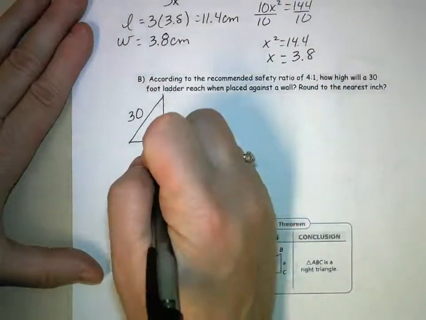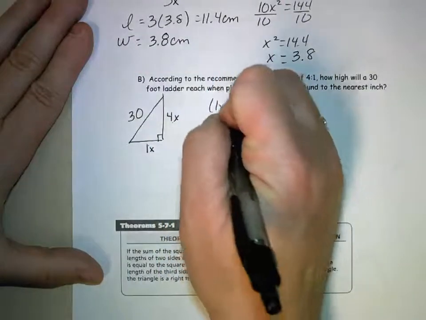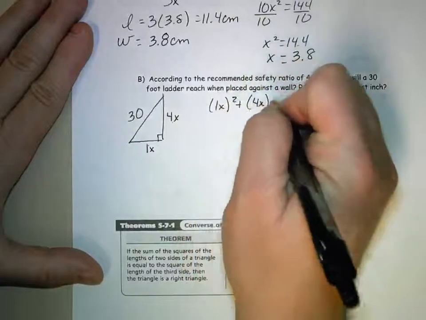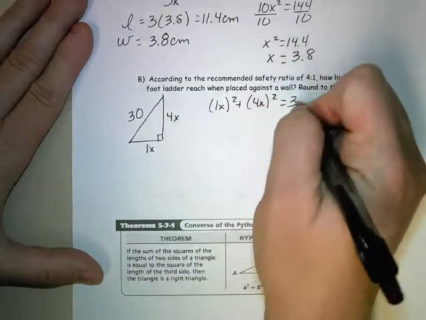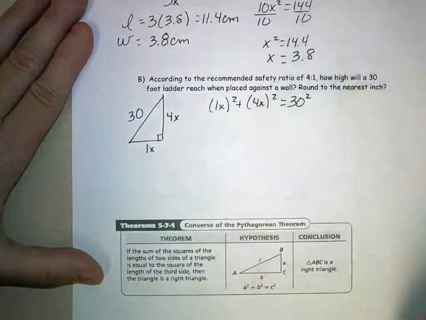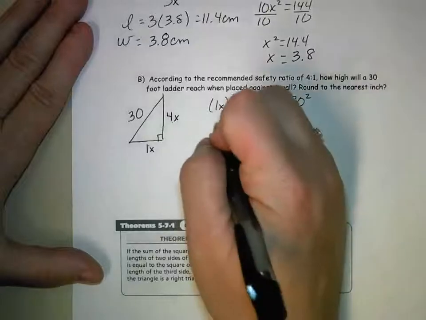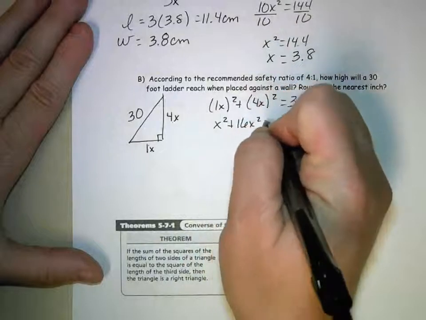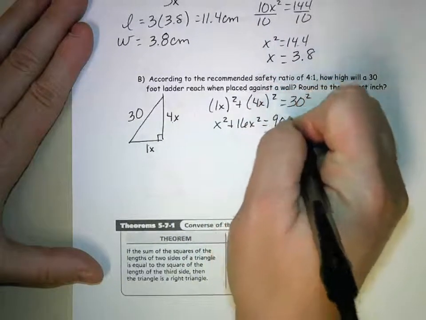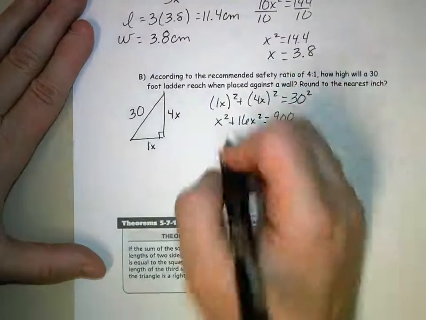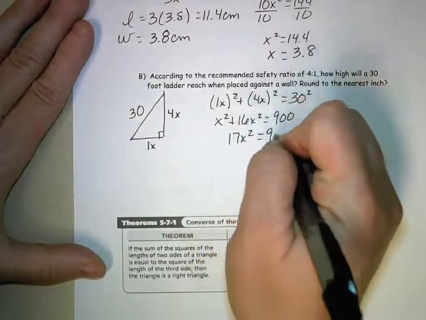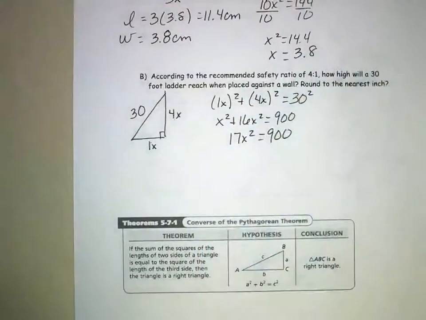So using our Pythagorean theorem, you will have 1x squared plus 4x squared equals 30 squared. So that becomes x squared plus 16x squared equals 900. 17x squared equals 900.